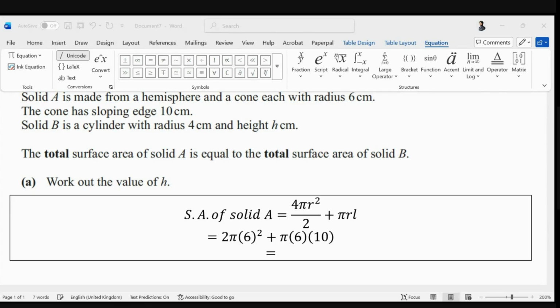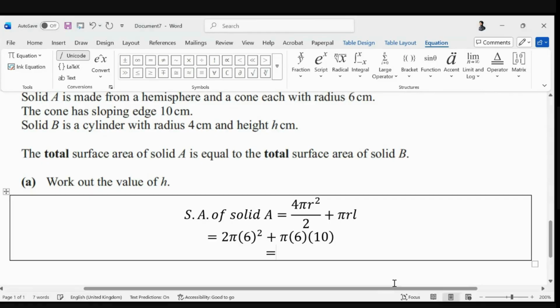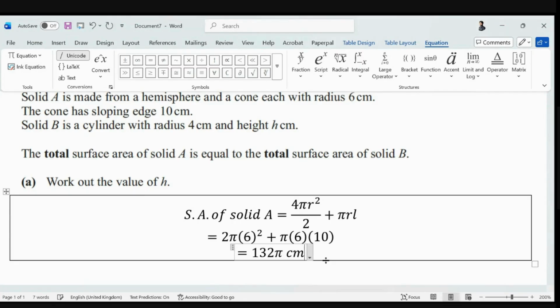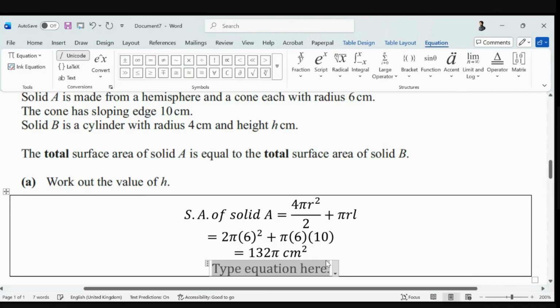Is it 112 or 132 pi? 132 pi, okay. I'm trusting you with the values. I'm not calculating any values on my own. 132 pi centimeter square is the area that you end up with for the surface area of solid A.